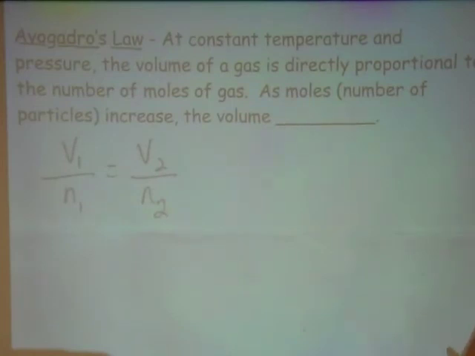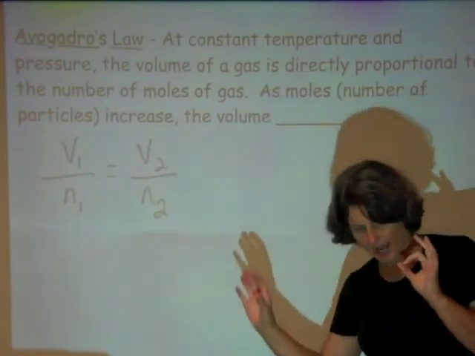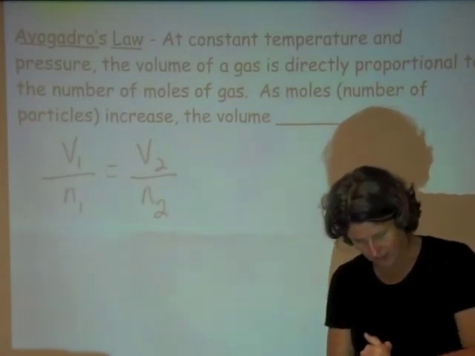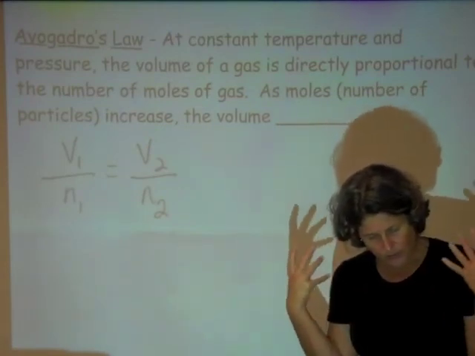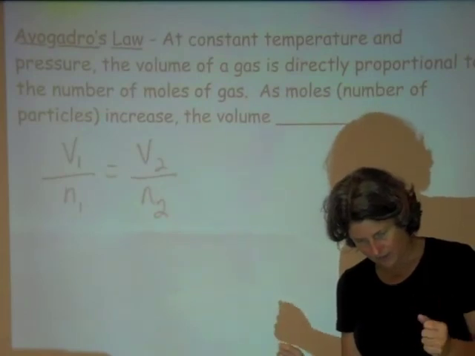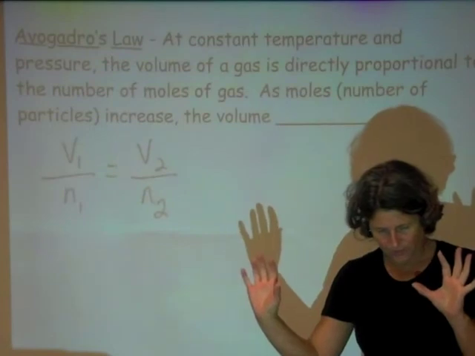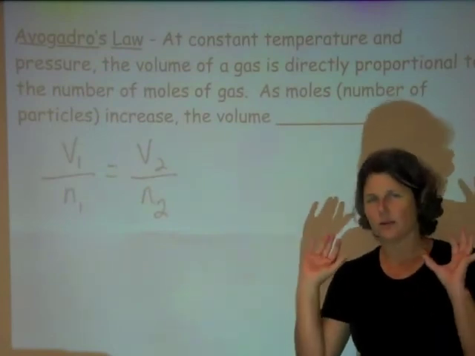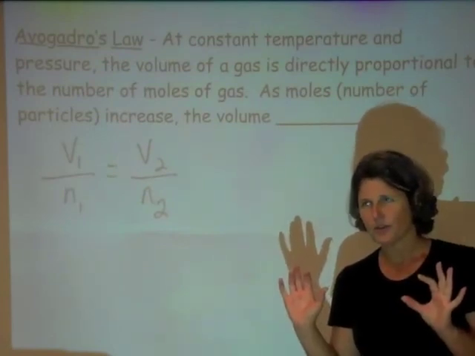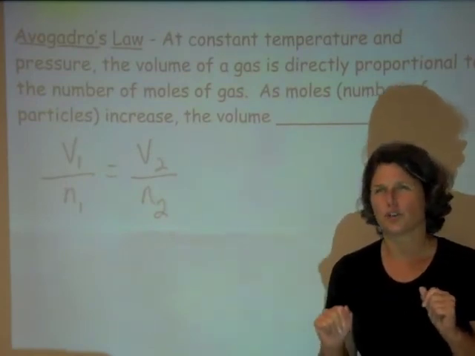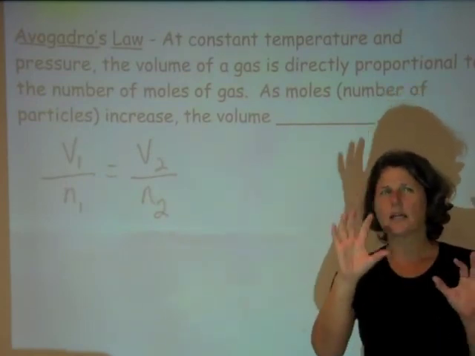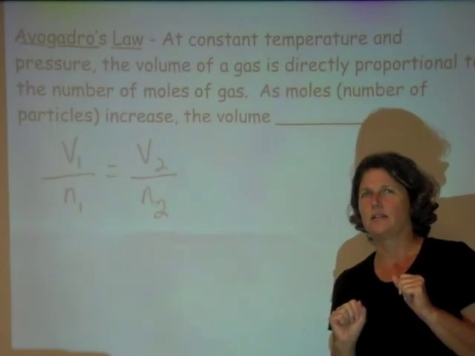One thing I do want to say, though, and I want you to write this down: if you have 3 different gases, and those 3 different gases have the same volume, they are at the same temperature, and they are at the same pressure. So you've got 3 separate containers of gases.